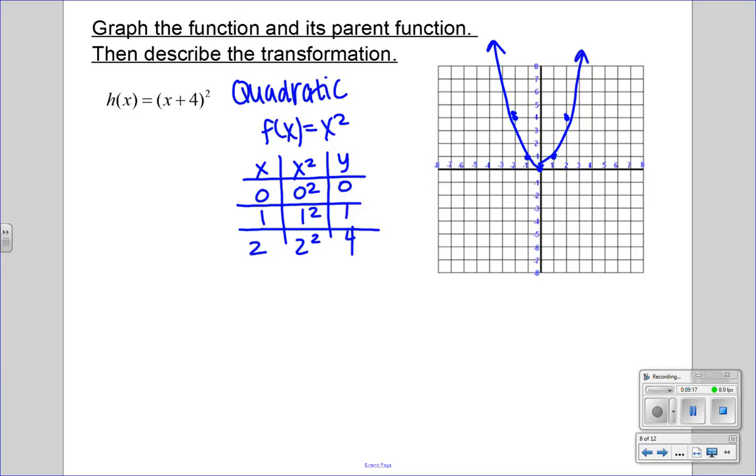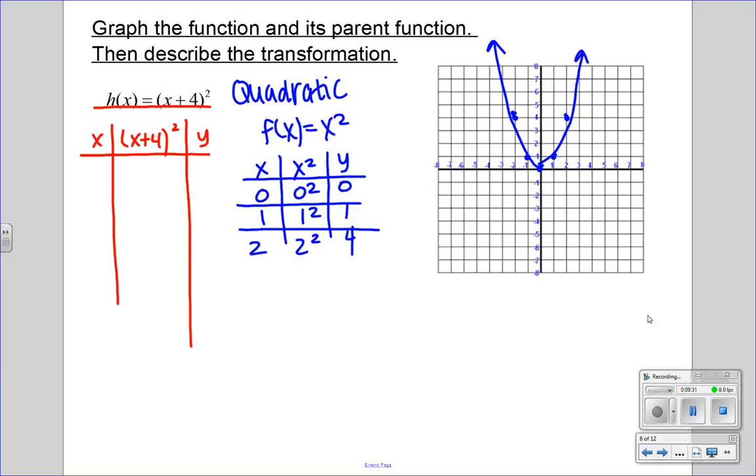Okay, so now let's do a table of values for our h of x, x plus 4 squared. So let's do table of values. And I'm going to choose -4, -3, and -2. I'm going to choose those values for this parabola. Okay, so I'm going to do -4 plus 4 squared, -3 plus 4 squared, and negative 2 plus 4 squared.